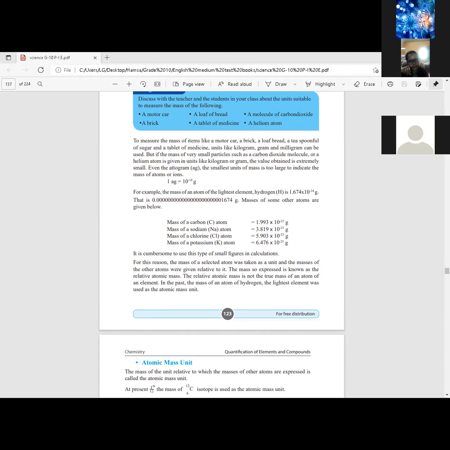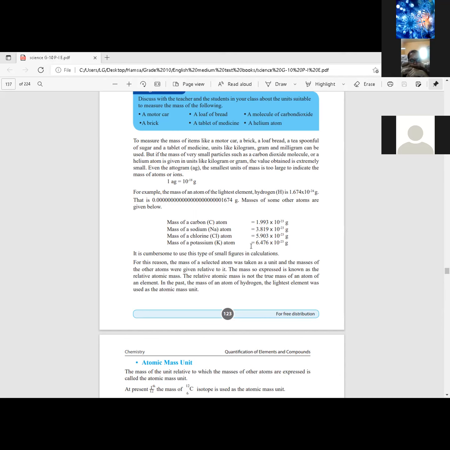So in the early days, people selected one particular atom and related its mass with the other masses. Early days, people used hydrogen, 1.674 into 10 to the power minus 24 grams, as the selected atom, because it is the lightest element.